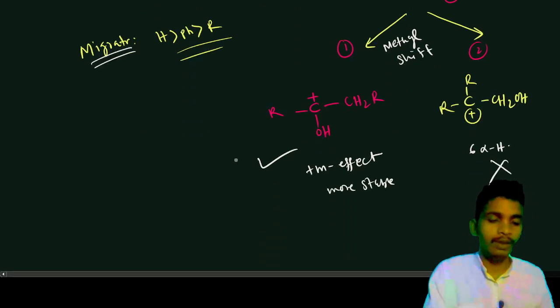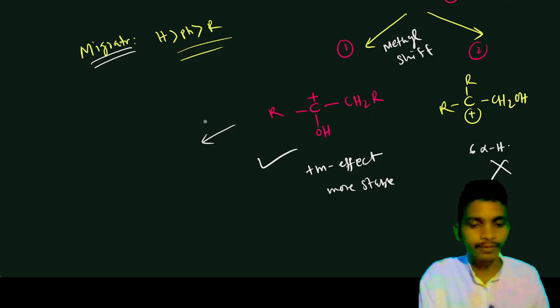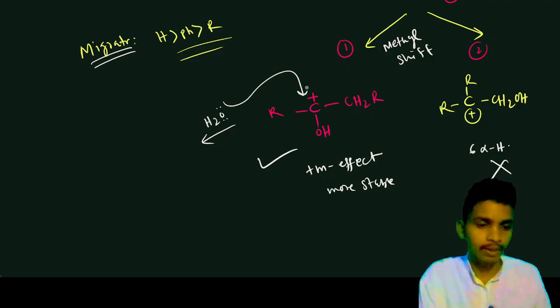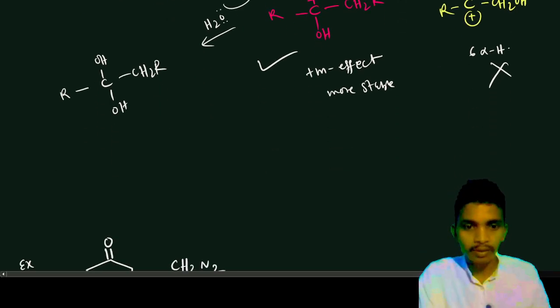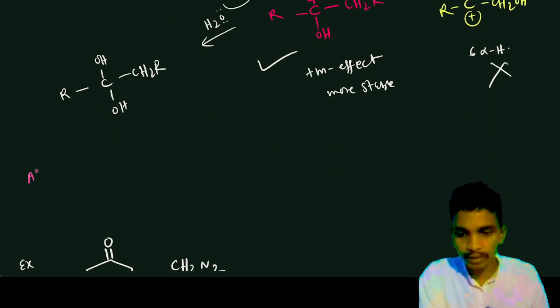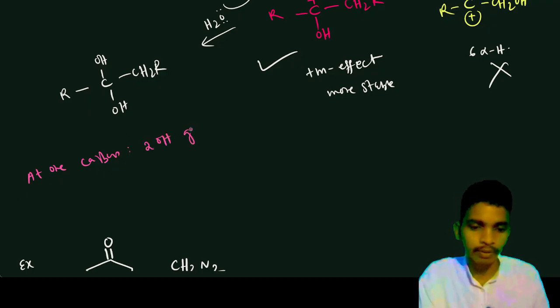Now water is there, so water will attack. Then it is going to be R, C, here OH, and this is OH, and here we have CH2 and R. So note that at 1 carbon, two OH groups are not stable.